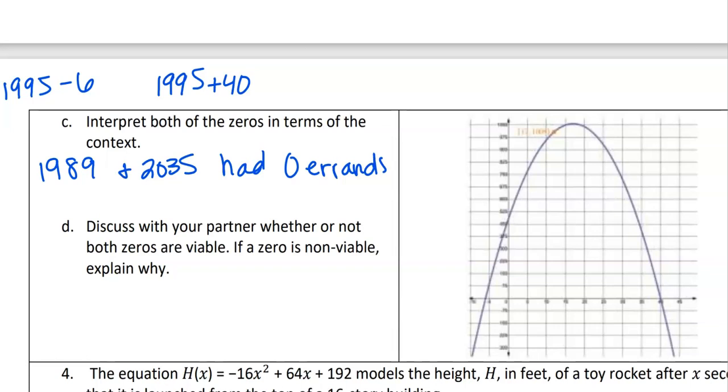Hey, fun fact, I know you don't have a household yet. There will always be errands to run. Always. Okay? So both are non-viable.